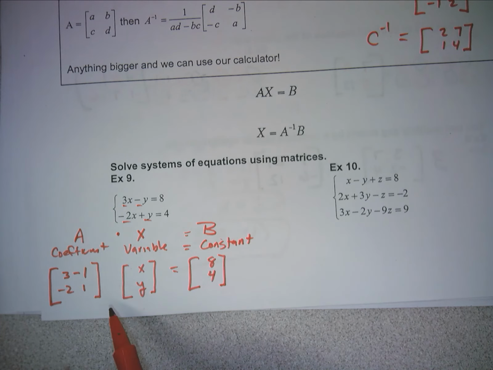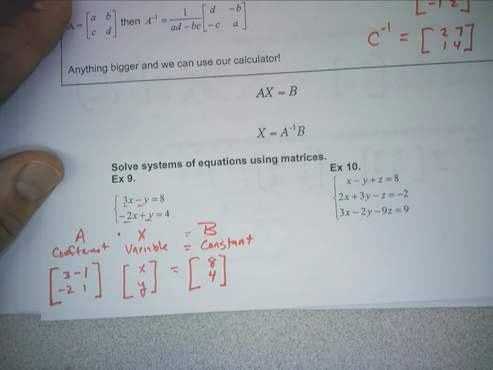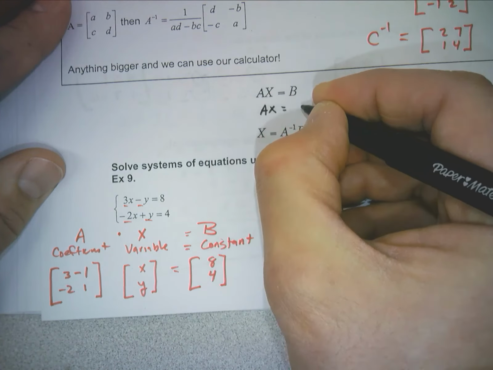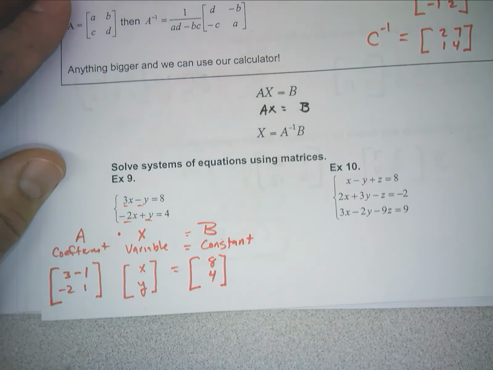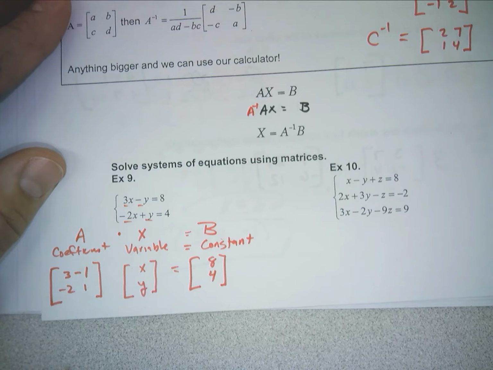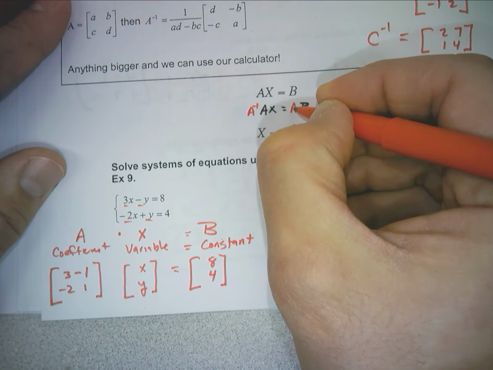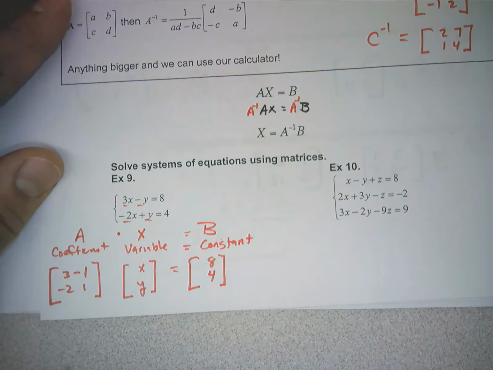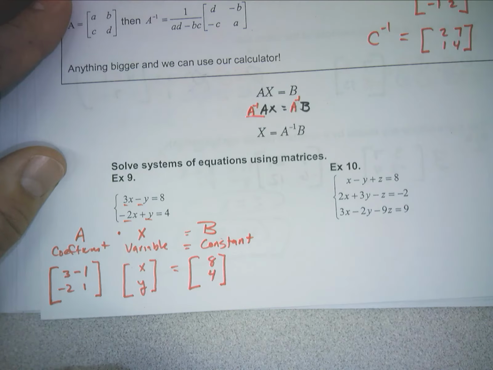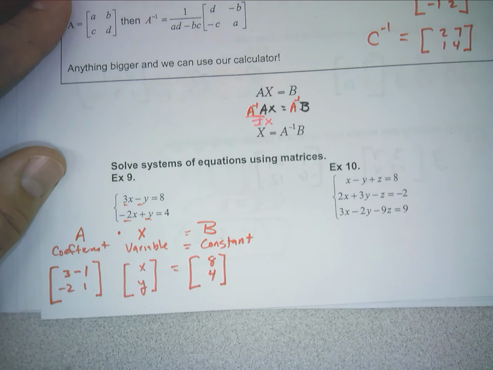Well, this says AX equals B. So let me write that again. If I multiply the inverse times A, then I have to multiply it to this side as well. And A inverse times A reduces down to I, the identity matrix.